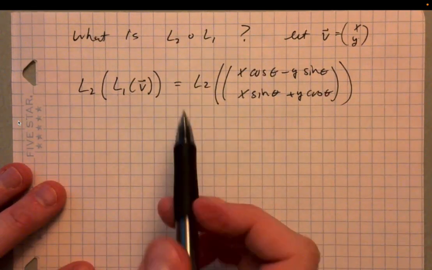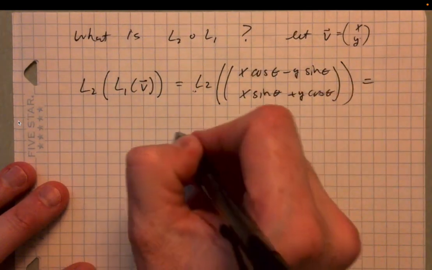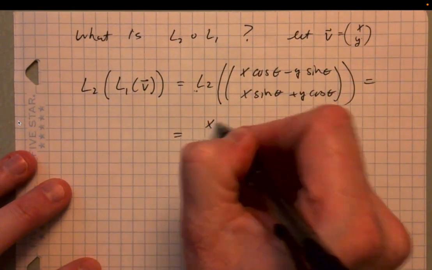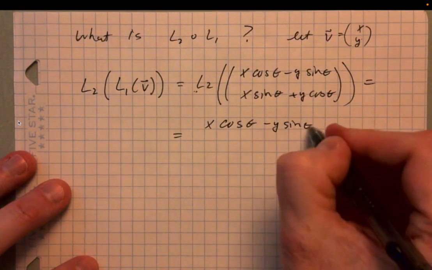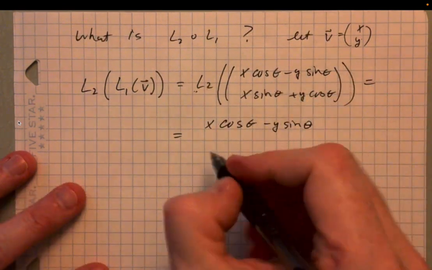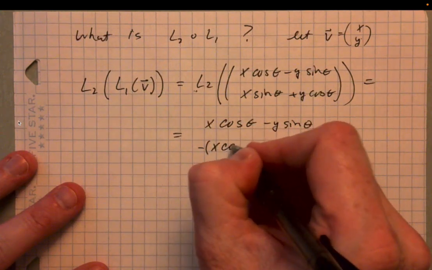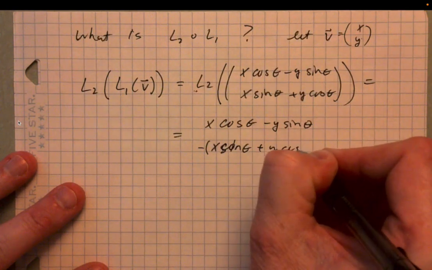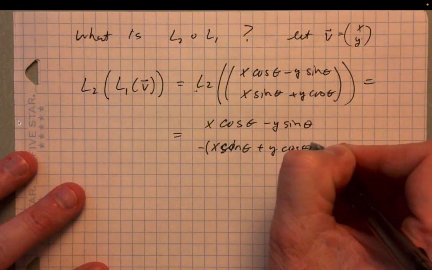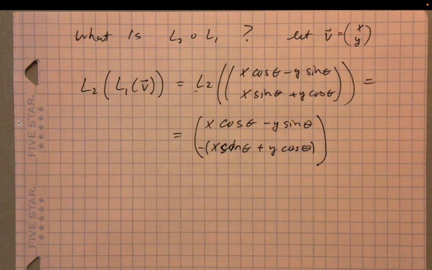And then when I further apply L2, which is the reflection, this gets transformed into x cos theta minus y sine theta. Again, that component stays the same. The lower component gets flipped to a negative: negative x sine theta plus y cos theta. Right? And so this would be the composition L2 composed of L1.